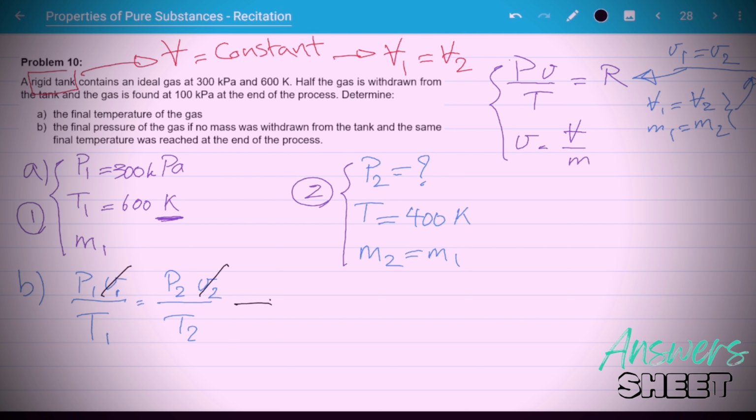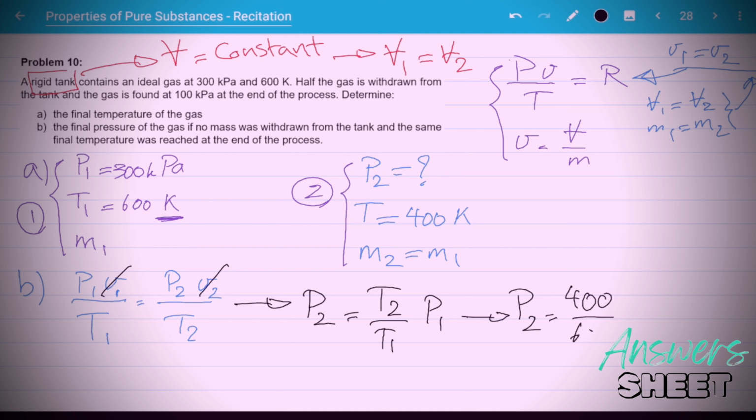And so this equation reduces to second pressure is T2 over T1 times P1. Now plug in numbers, you get P2 is 400 kelvins over 600 kelvins times 300 kilopascals. So P2 is actually 200 kilopascals.